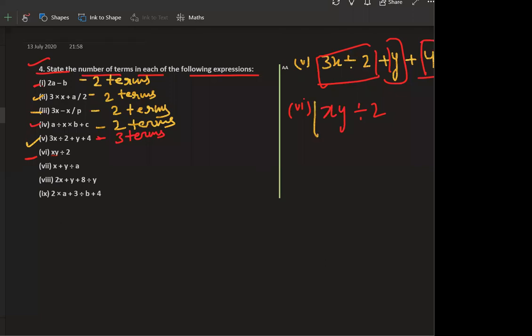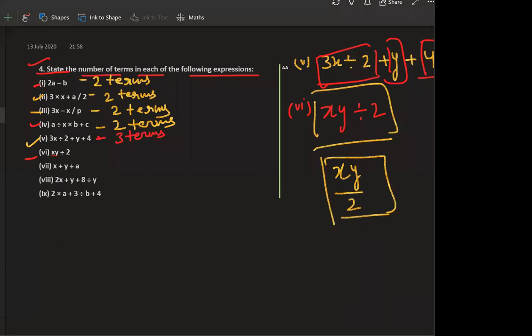It has only one term. It is actually xy upon 2. So it has one term only. Next.